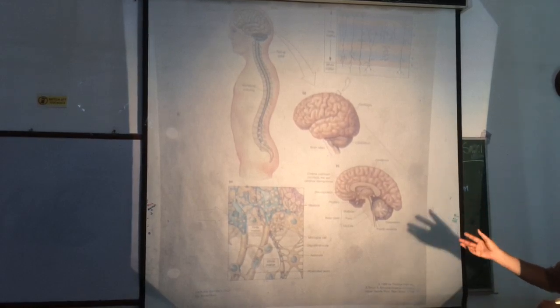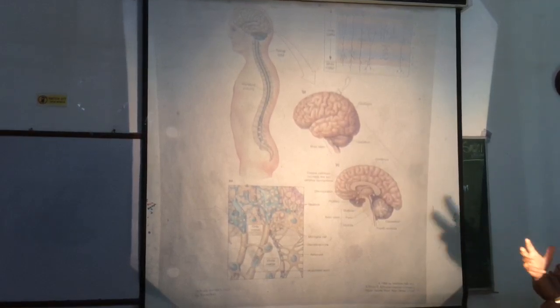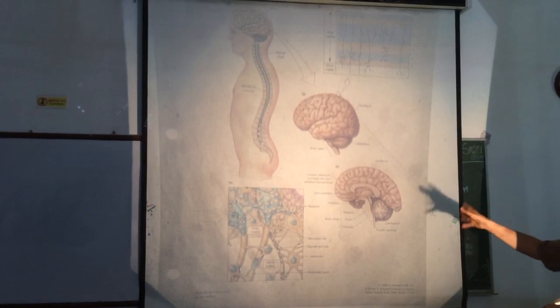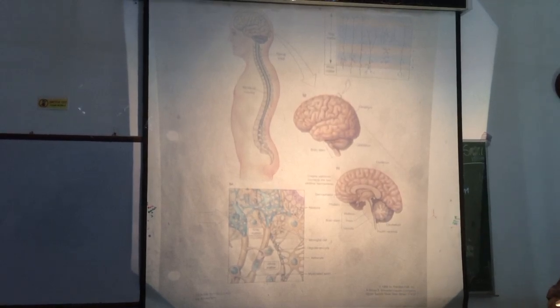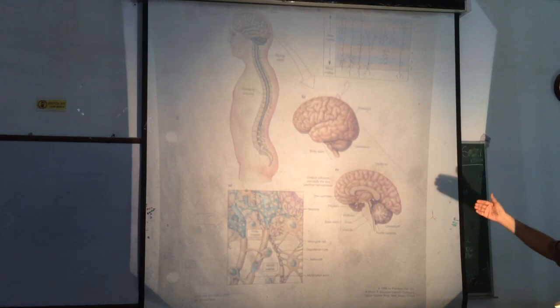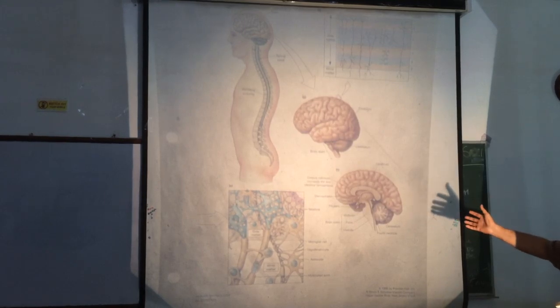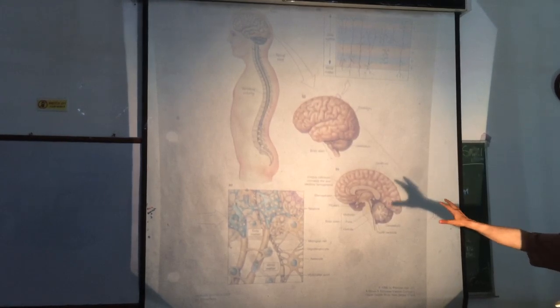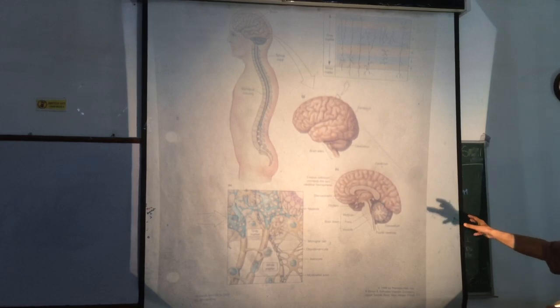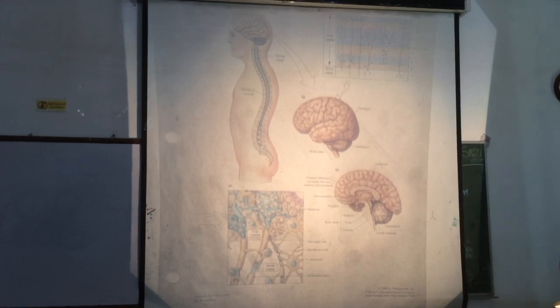The purpose of this folding of the cerebral cortex is to increase the surface area.